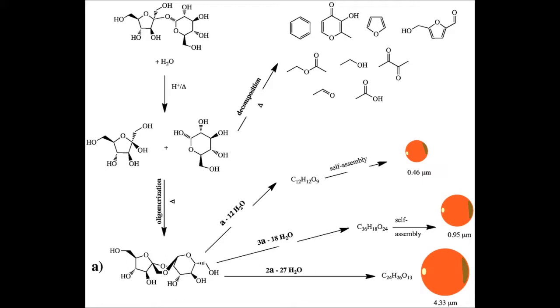This diagram here shows how sucrose breaks down into glucose and fructose. Then it goes through a complex chemical reaction that can go in multiple different ways, depending on variations in the temperature, prevalence of water, and other things that scientists aren't even sure about. This complex reaction isn't known very well and is still being investigated by scientists.